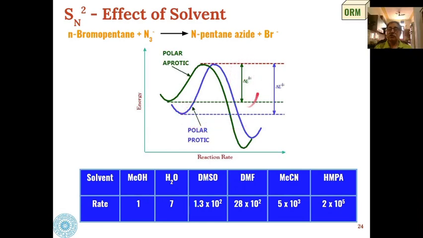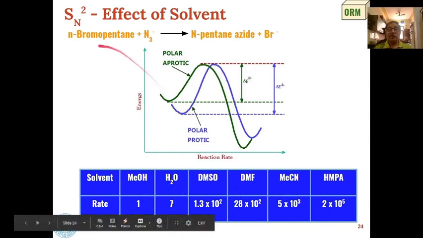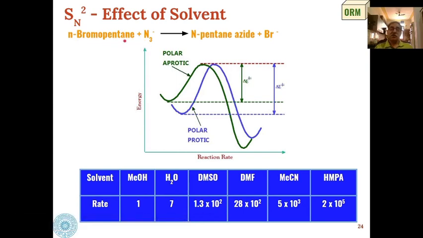So we can see over here that if we conduct this reaction, that N-bromopentane reacts with azide as the nucleophile, we will get N-pentane azide as the product, and bromide will be the leaving group in this case.